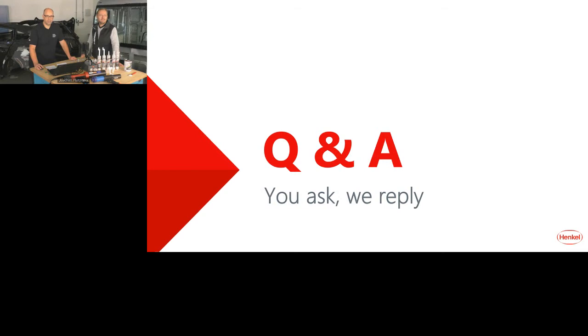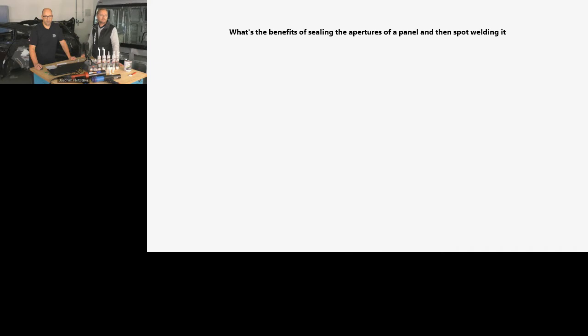I would highlight one question, to show it to the public. What's the benefit of sealing the apertures of a panel and then spot welding it? It's better to use the sealing material in between than zinc spray, what is commonly used in this case.